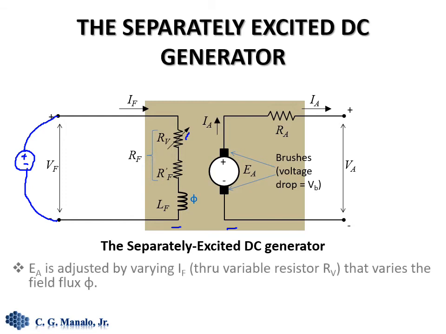So EA there, or the voltage generated by the armature circuit, can be adjusted by varying the field circuit current I sub F, because this affects the flux being produced by the field circuit.